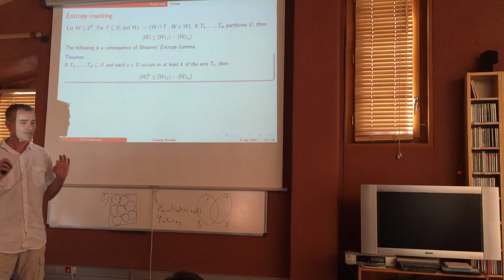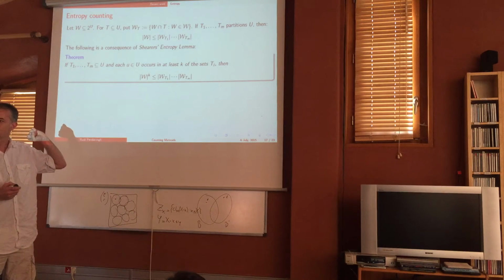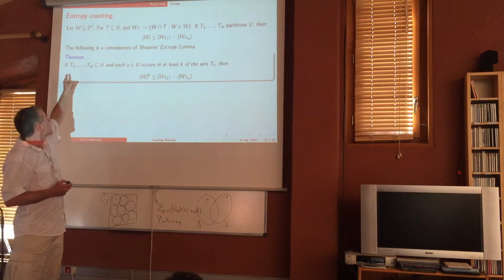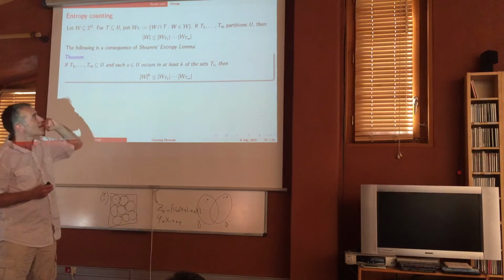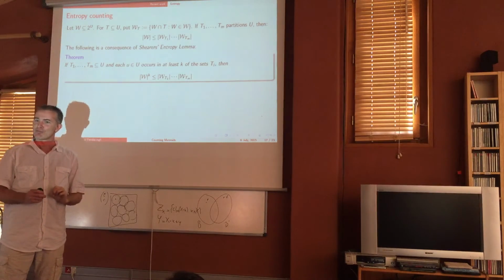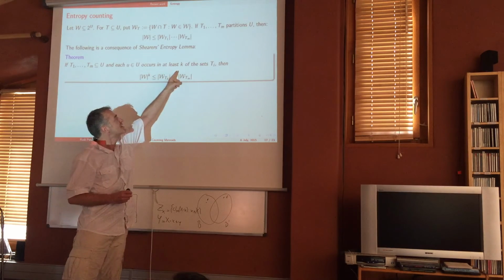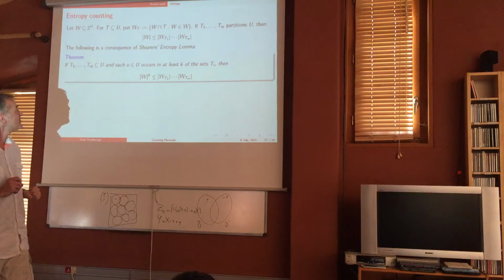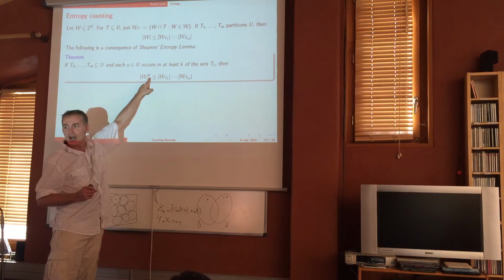But one consequence of Shearer's entropy lemma, almost a reformulation, is that if I give you a set of sets T1 up to Tn, and this time it's not a partition of U, but each element of U occurs in at least K of them, so it's a K-cover of U, then you get the same upper bound, but now with the cardinality of W to the power K here.